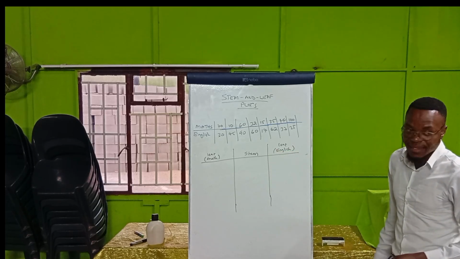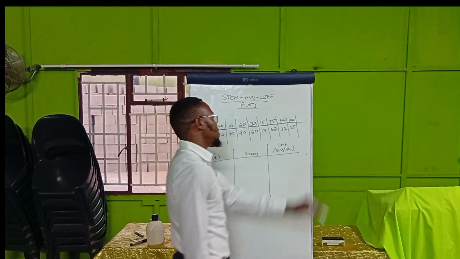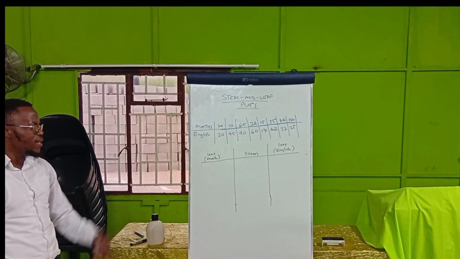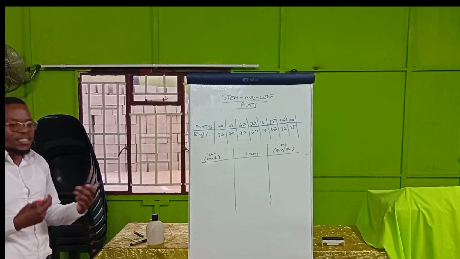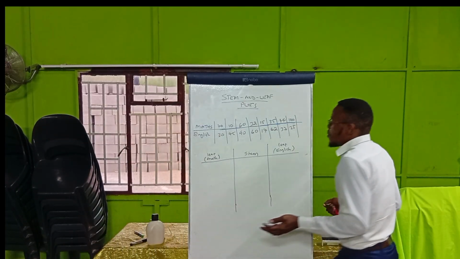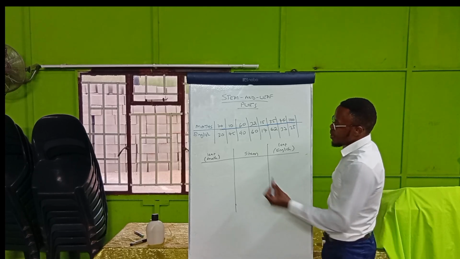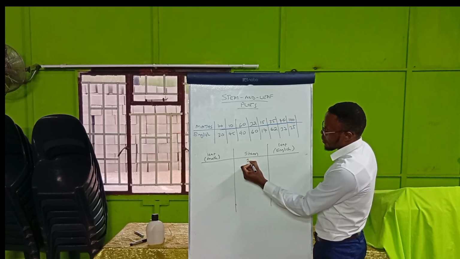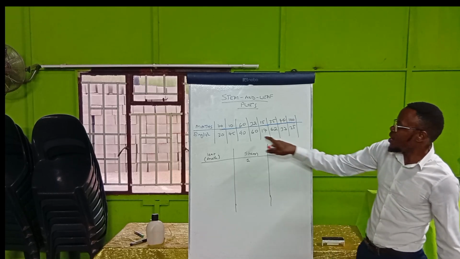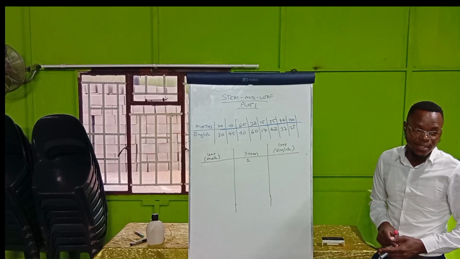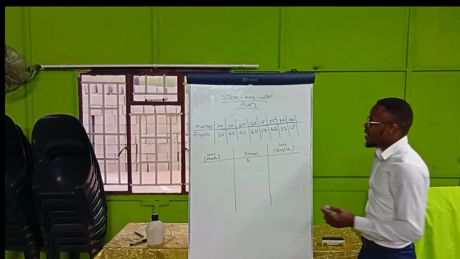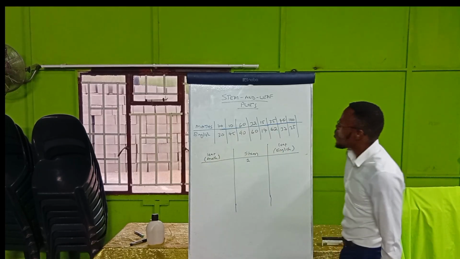And then again, you study your numbers so that you can arrange them in order. So you look at all the numbers. Do I have a stem of 1? Or do I have a stem of 0? I don't have a stem of 0, but I do have a stem of 1 because I have 10 in mathematics. I have 17 also in English, which both have a stem of 1. Then again, do I have a stem of 2?